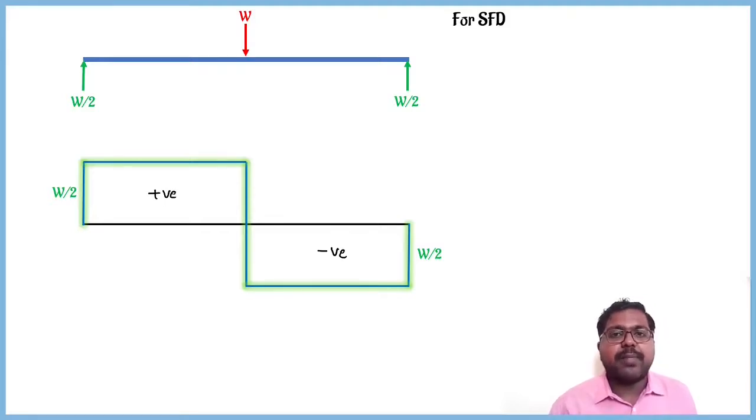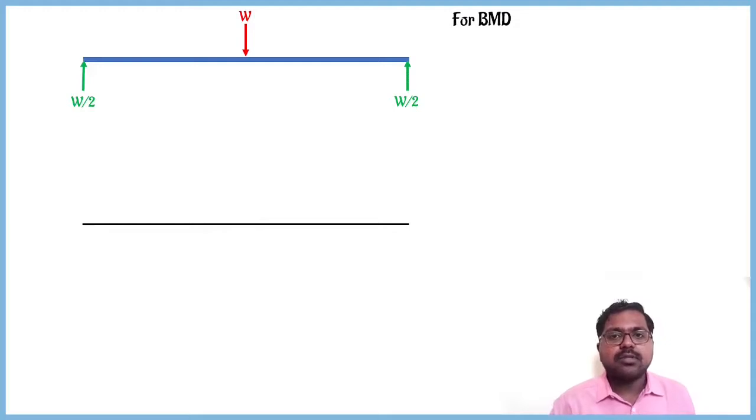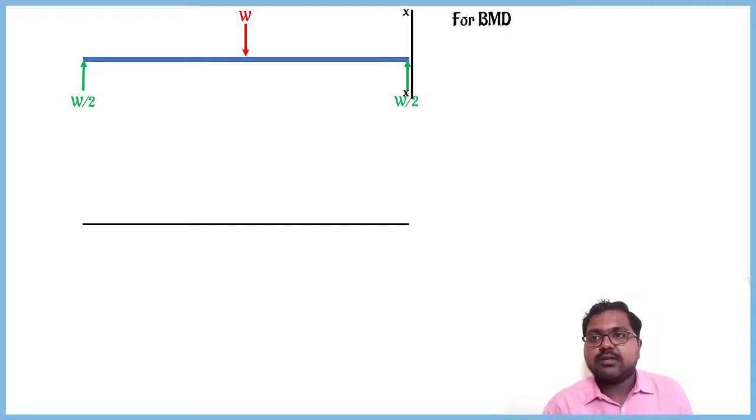Then if we go for the bending moment diagram, again I am considering the section XX from the right hand side. Now first let us write the sign convention for bending moment. When we are considering from the right hand side, if it is sagging, meaning an anti-clockwise movement is acting, then it is positive.